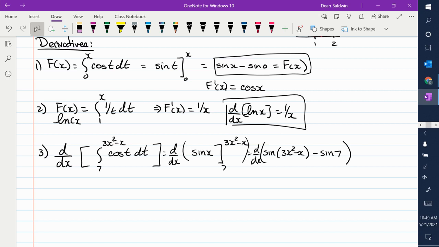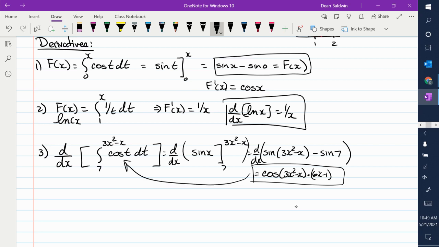Chain rule. What's the derivative of sine? Cosine, 3x squared minus x times what? 6x minus 1. What's the derivative of sine 7? 0. Because sine 7 is a constant, derivative of a constant is 0. So that just goes away. So this is my answer.